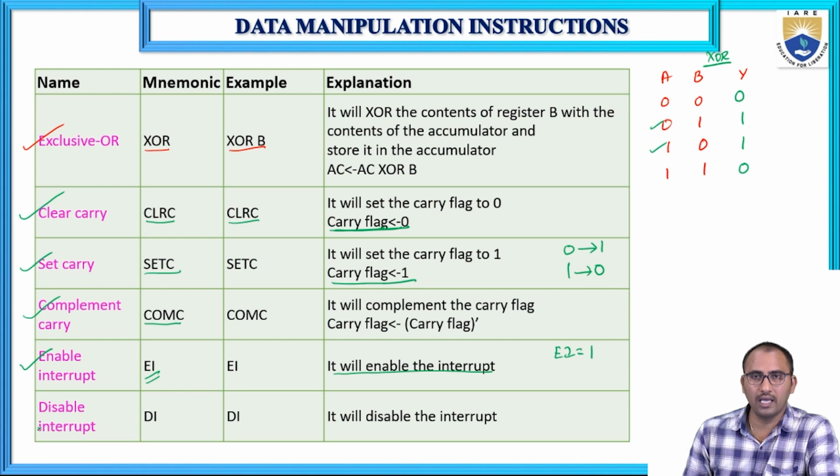Suppose you want to disable the interrupts, then DI should be 1. So disable interrupt: if DI is equal to 1, then the interrupts will be disabled. The mnemonic is DI. This DI is used to disable the interrupts, so once you disable the interrupt, no interrupts will occur.